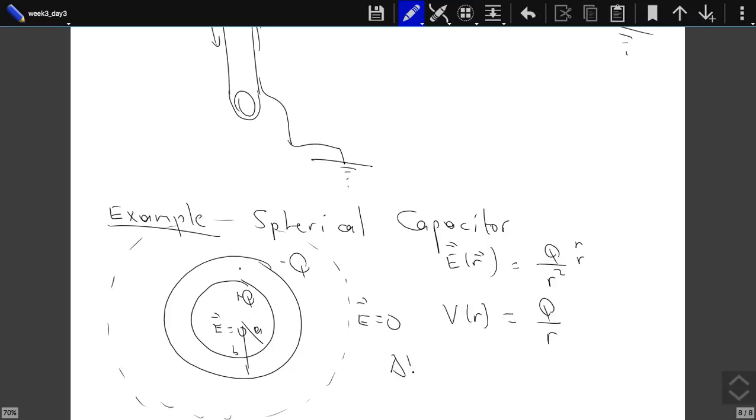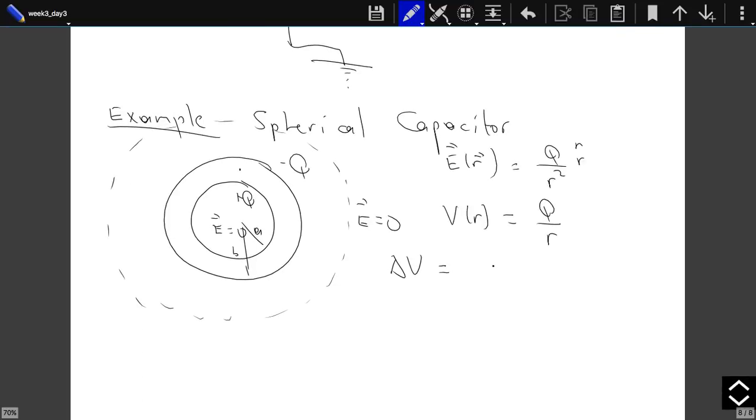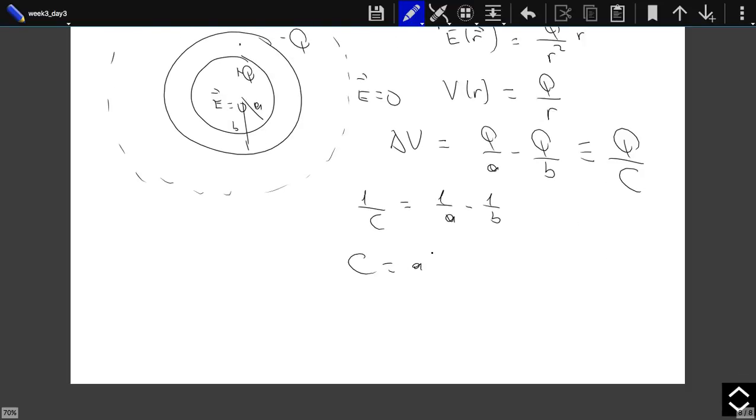So the potential difference will be Q over A minus Q over B. So this is, by definition, Q over C. So 1 over C is equal to 1 over A minus 1 over B, and so C is equal to AB over B minus A. Do you agree?